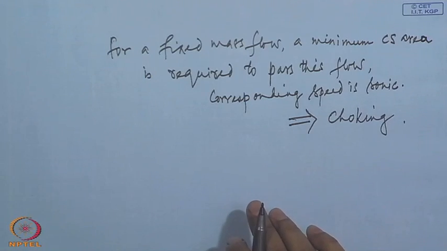Now, for a given area reduction, if we have a subsonic flow, there is a maximum initial Mach number which can be maintained steadily.